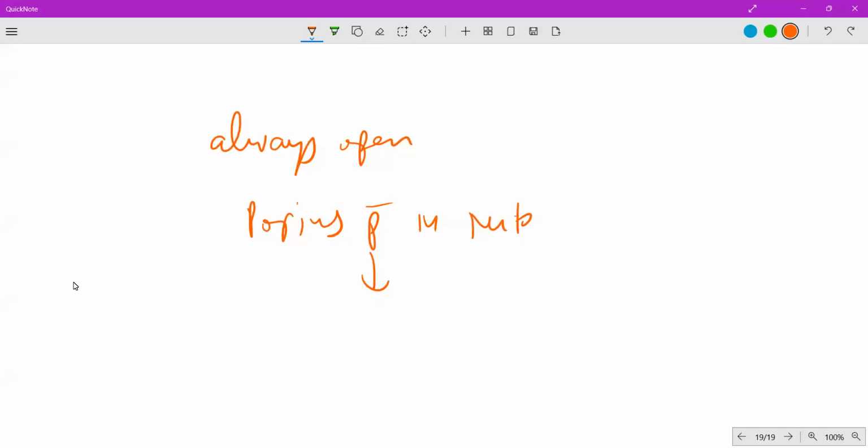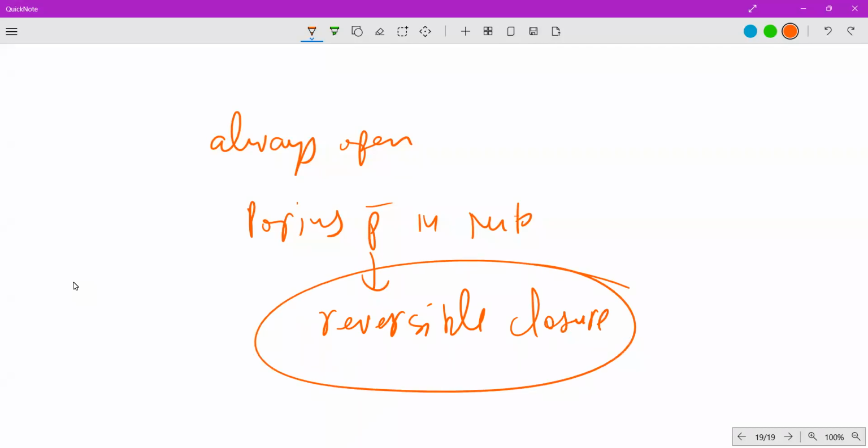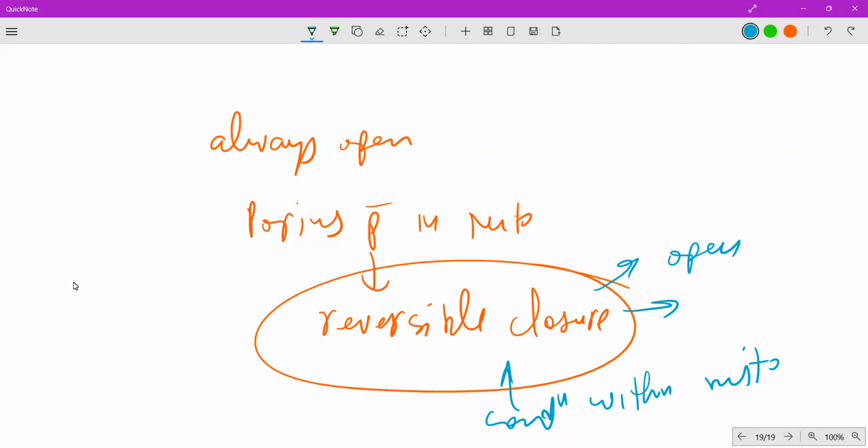They can undergo reversible closure in response to conditions within the mitochondria. So they can open, they can close. This is in contrast to the other porins.